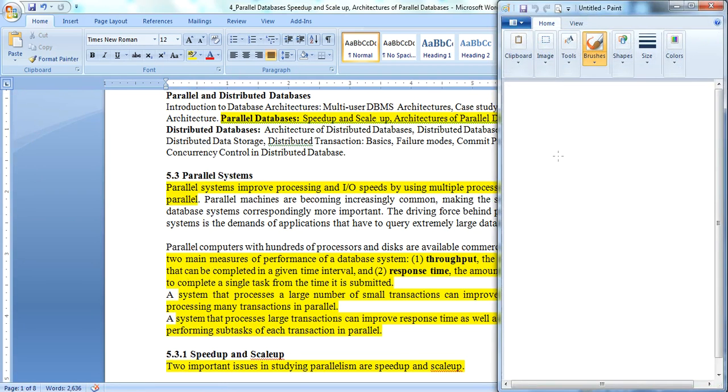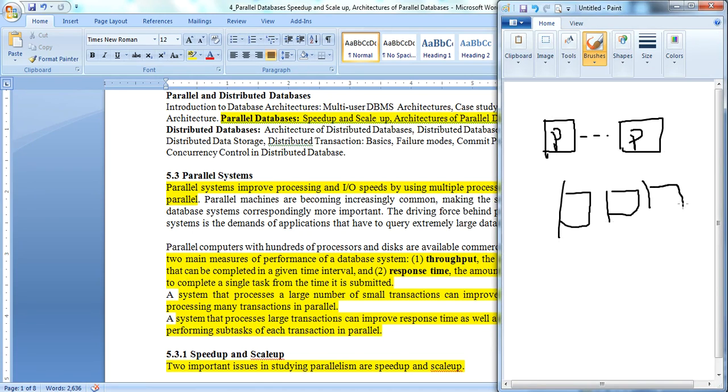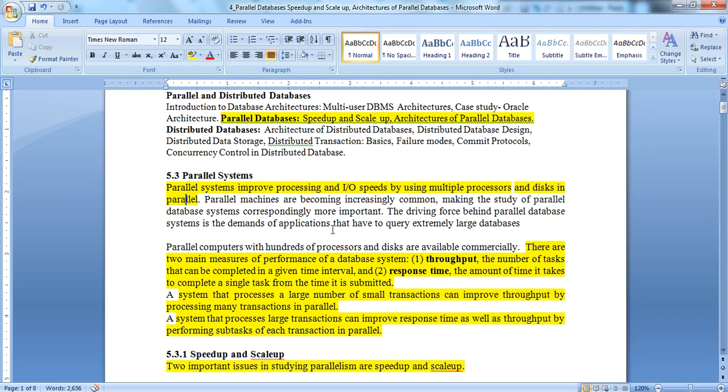It gives a specific output, right? If we provide two or more processors and more disks for the task, definitely this configuration gives a better output.